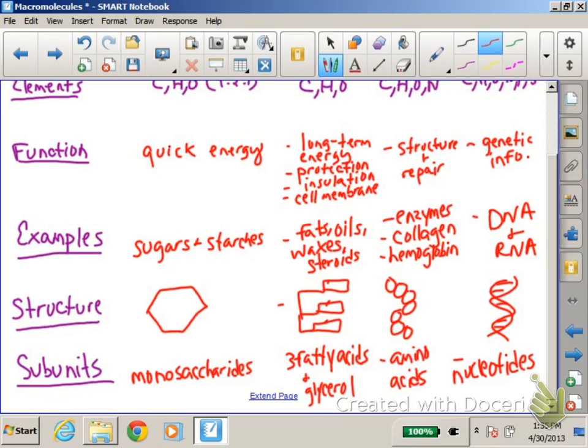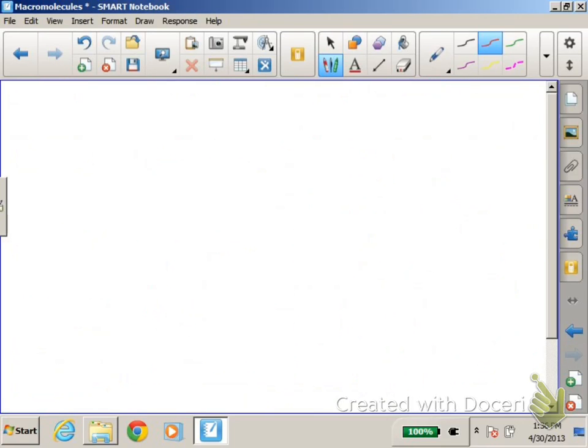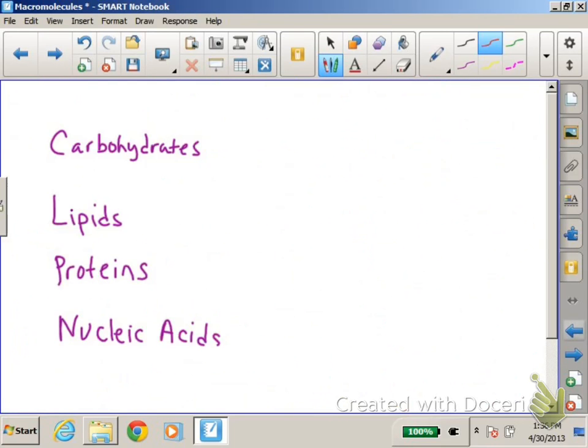Number 4, carbon serves as the backbone of all the bioorganic molecules. Number 5, which bioorganic compound includes DNA, and that would be your nucleotides. Okay, now that answers your question, and you've already got your chart filled out. Let's look at a couple of these activities on the smart board here.